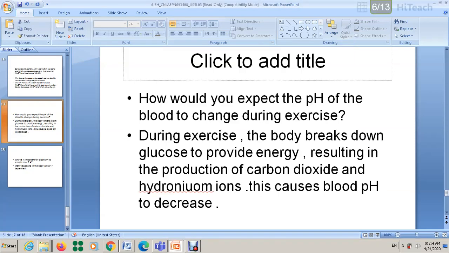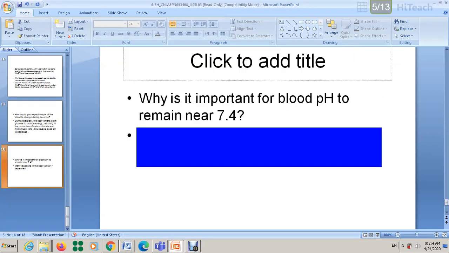The next question, look at it. Why is it important for blood pH to remain near 7.4? Why does our body keep homeostasis, okay, so the pH should always be near 7.4? Think about this.